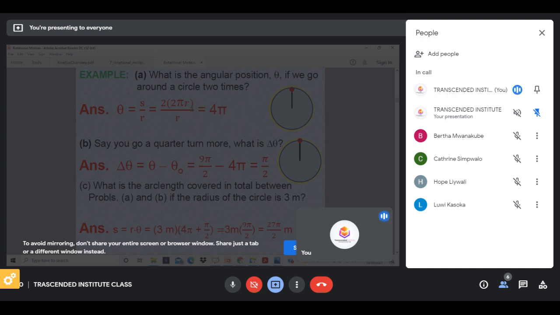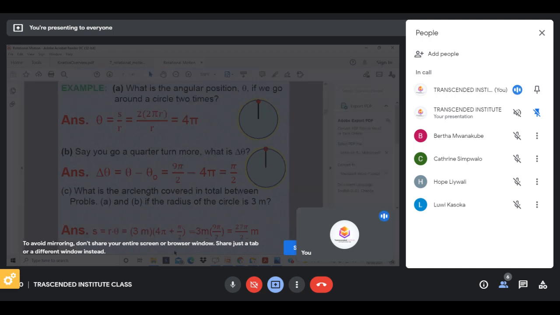You're just trying to convert now to angular displacement. So the theta, when something has moved around just once, it's 2 pi. Now if it has moved twice, it will be 2 pi multiplied by 2, which is now going to make 4 pi. Okay? That was in terms of the theta, the angle.